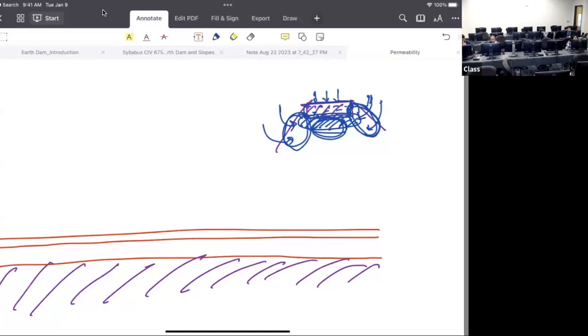Expand. Absorb water. No, lime tries to do some chemical reaction. Lime tries to destabilize the activity of the clay. These clays are very active because they have extremely high affinity for water, right? Because of their kaolinite, montmorillonite, and what?